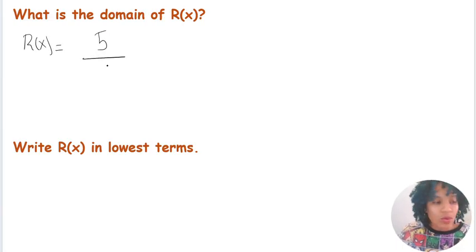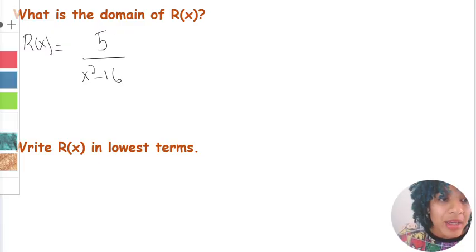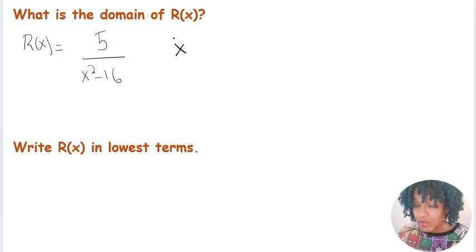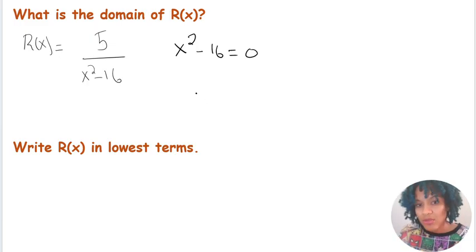I have 5 over x squared minus 16. So if I need to find the domain, I am going to take the denominator, because this is a rational fraction, and I'm going to set it equal to 0 and solve for x. Okay, so we already factored in the first part.